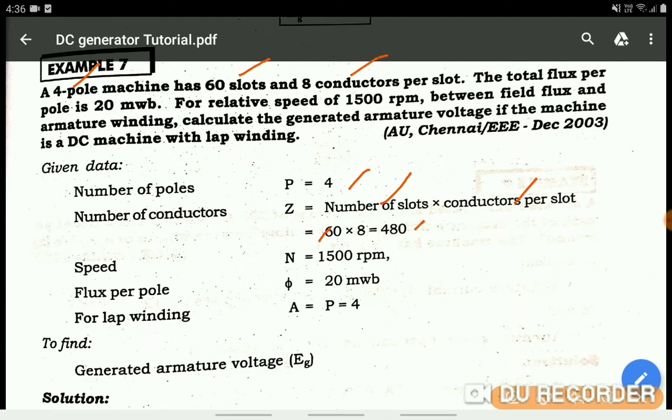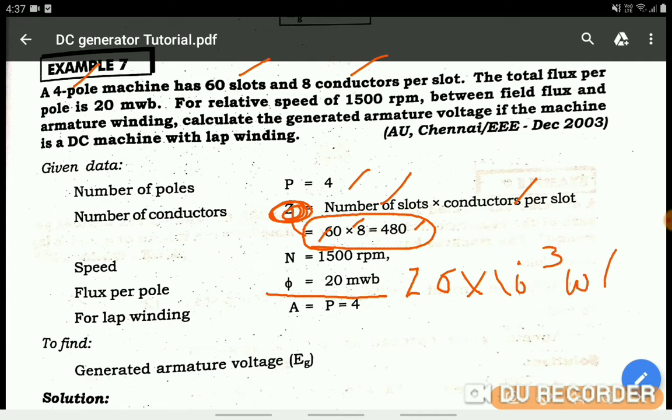Conductors per slot is 8, that's why 60 into 8, 480, it's the value of Z. The total flux per pole is 20 milliweber, or we can write it here itself 20 into 10 power minus 3 weber. And speed is 1500 RPM. For a lap winding, A equal to P equal to 4.